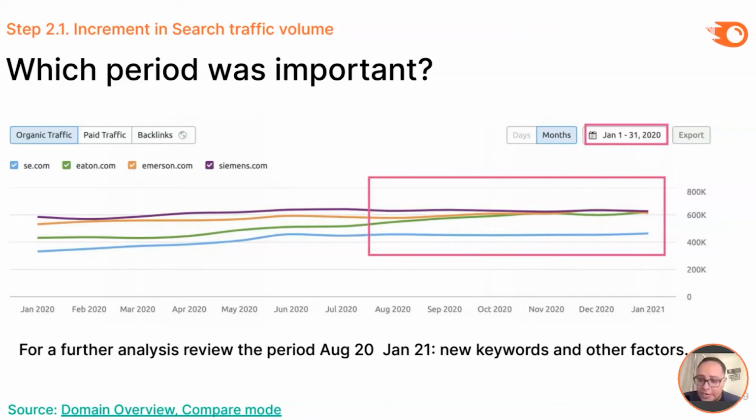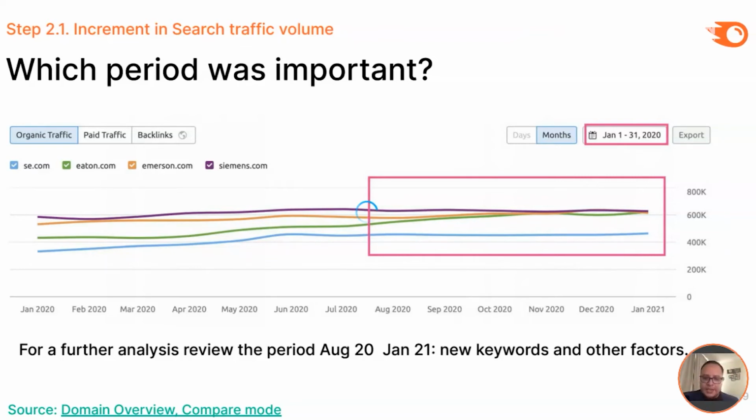We don't have anymore a leader in terms of search volume for this industry. With Schneider Electric, for example, we see that they were not creating a lot of content. They were not ranking a lot because their traffic in one single year was stable, with no changes up or down.